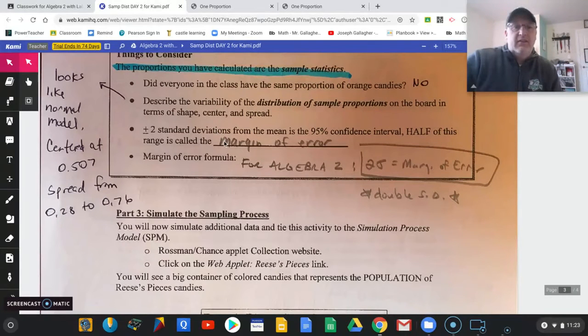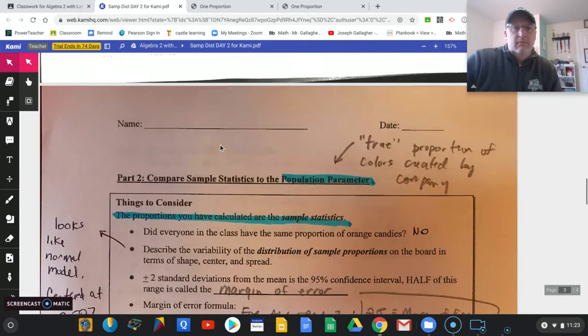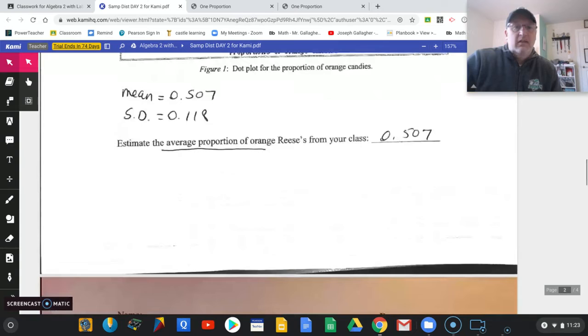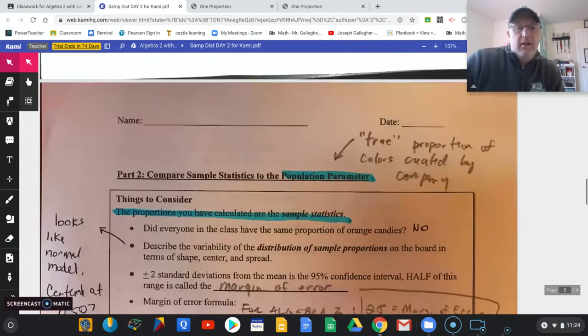If I know what my mean is and what my standard deviation is, I can add the 0.118 twice to 0.507. That would give me my upper bound. And then I would subtract 0.118 from 0.507 twice. Well, technically, I'd only subtract it once and then take my new number and subtract it again. But you get my point. That would give me my lower bound.